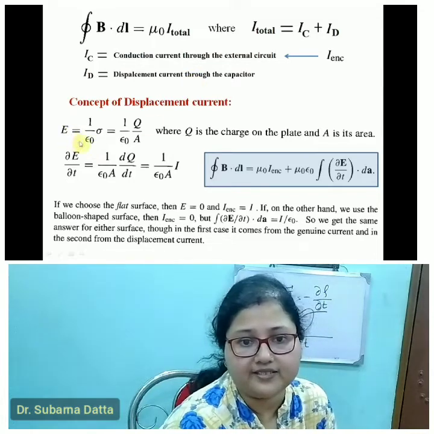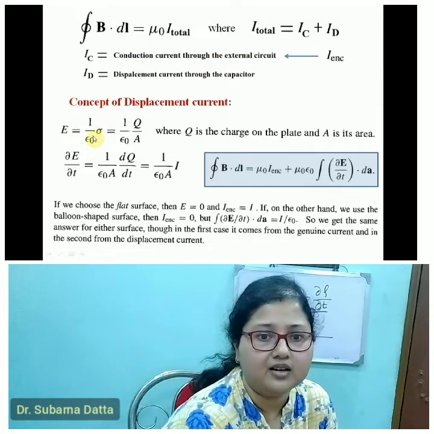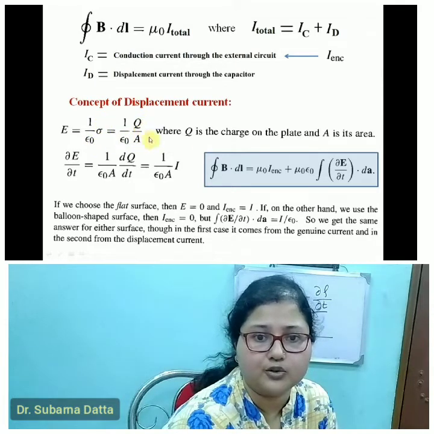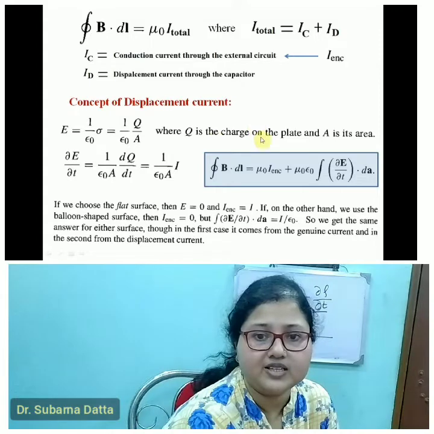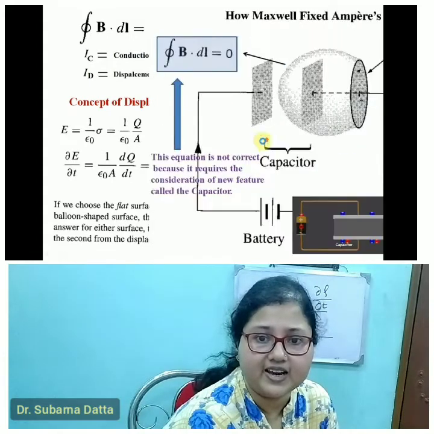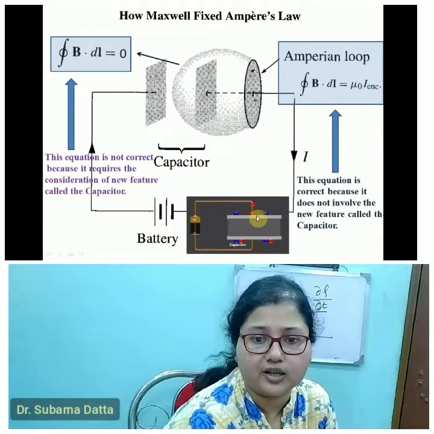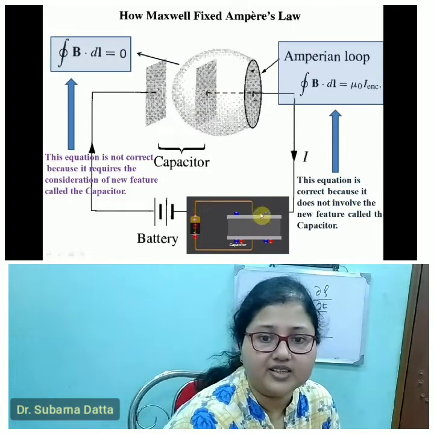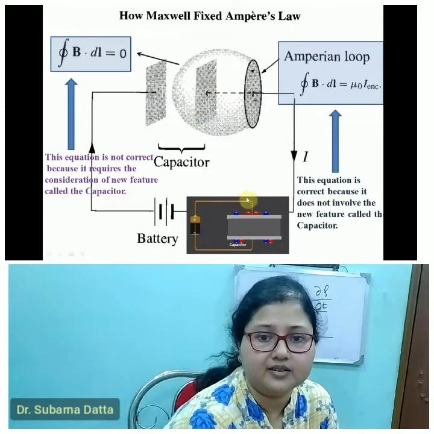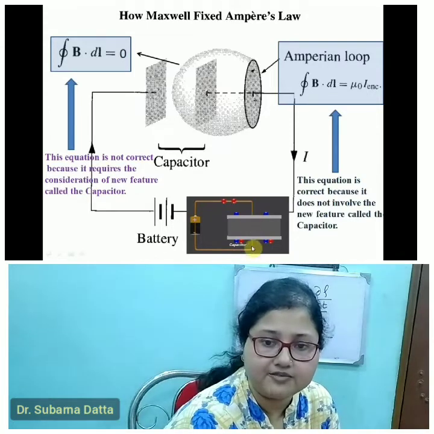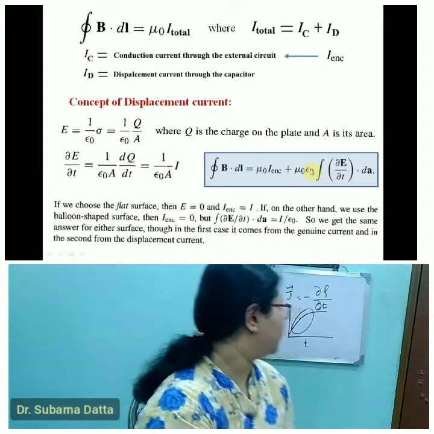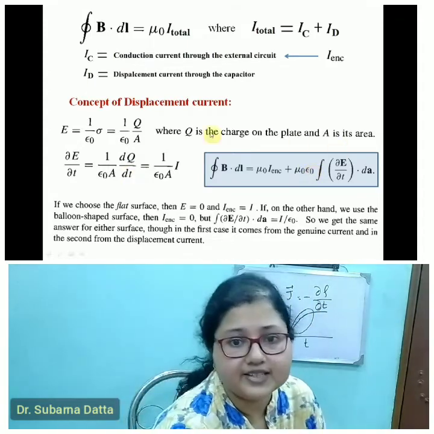The electric field is sigma by epsilon 0, and sigma is equal to Q by A, where Q is the charge on the parallel plate and A is the area. When the charge is accumulating on these two surfaces, the electric field is changing.